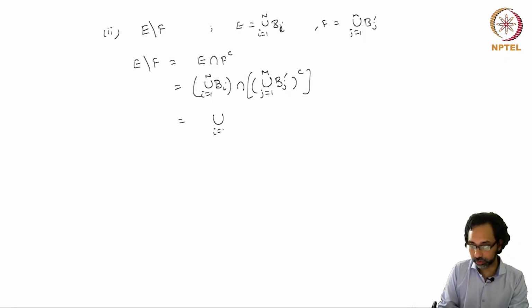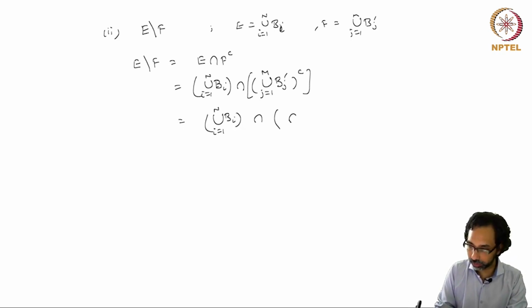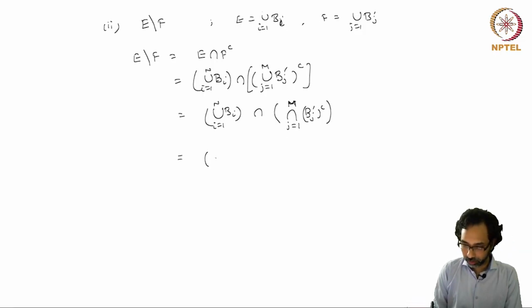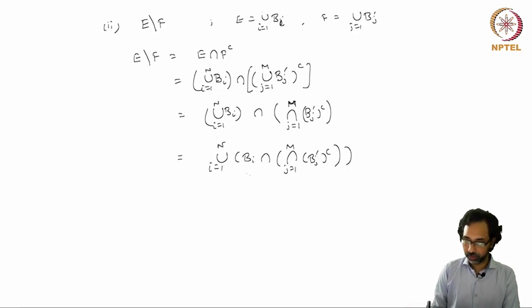So now you can use De Morgan's law. So we have the union over i equal to 1 to n of Bi intersection with the intersection of the Bj prime complements. So we have the union over these kinds of sets.